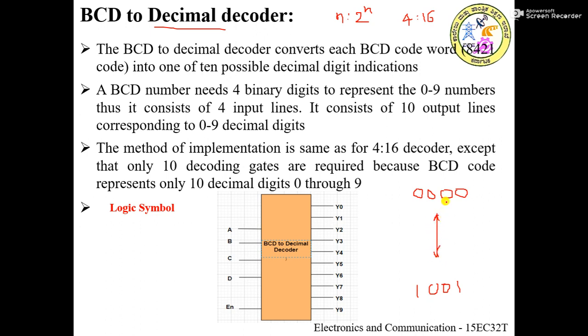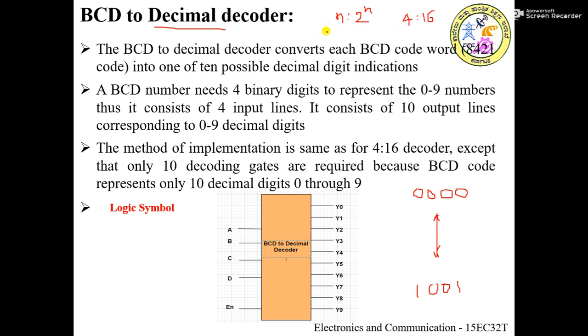So in order to represent these 10 possible combinations, it is enough for me to have 10 possible decimal digit indications. I should have only 10 outputs, not 16 outputs. Whereas in case of a standard decoder, I expect 16 combinations, because 2 to the power of 4 means 16 combinations, and to represent 16 combinations, I should have 16 different outputs.